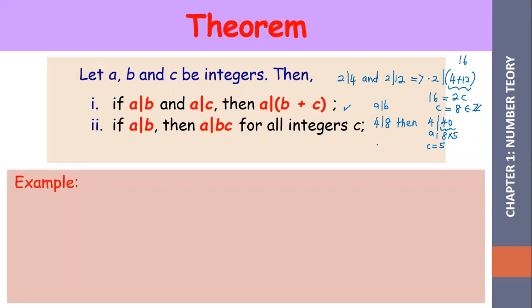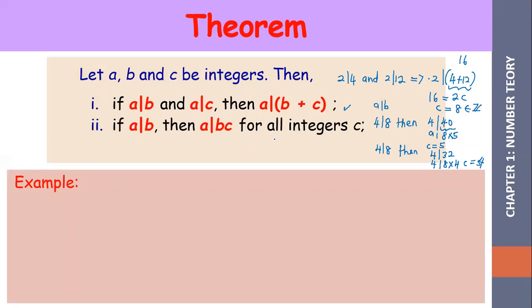How about if we have 4 divides 32? Why? A is 4, here 8 times 4, so C is 4.